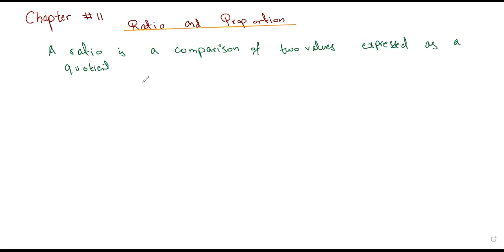Okay. Now, the definition says a ratio is a comparison of two values expressed as a quotient. What are they exactly trying to say?